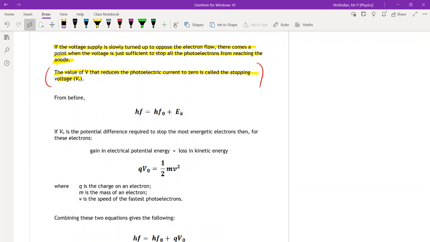Now we know from before that the energy of the photon is equal to the work function plus the kinetic energy of the electron.